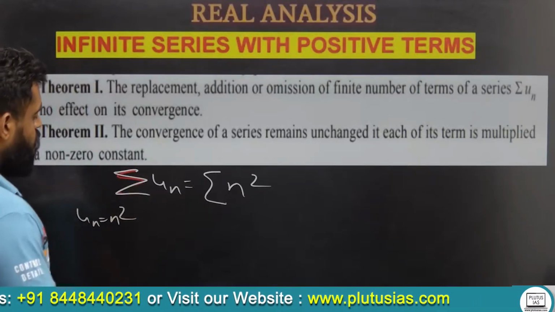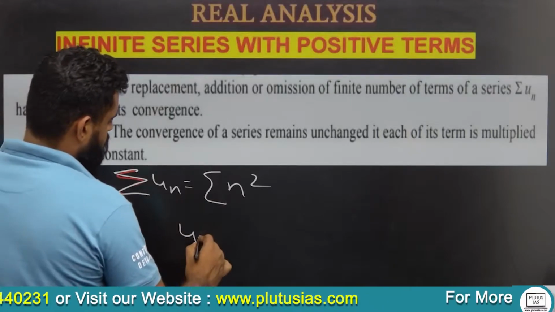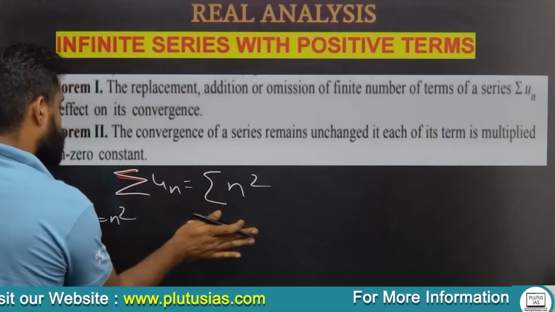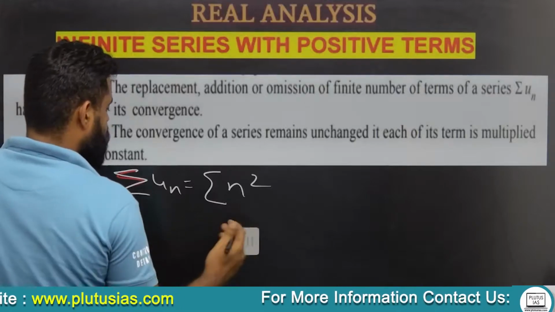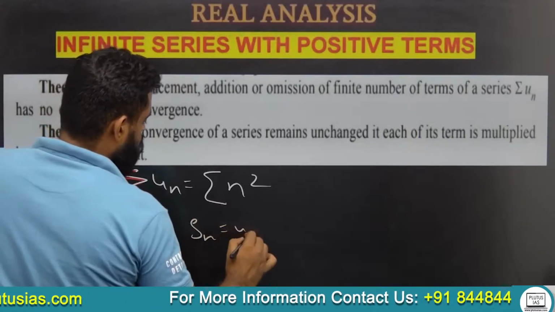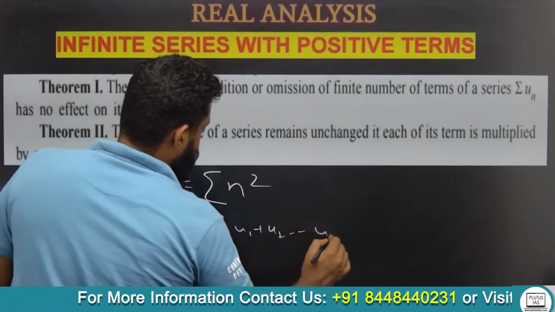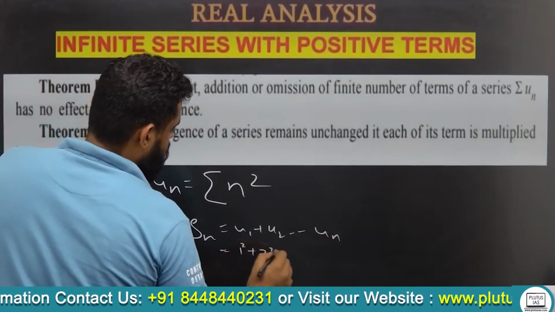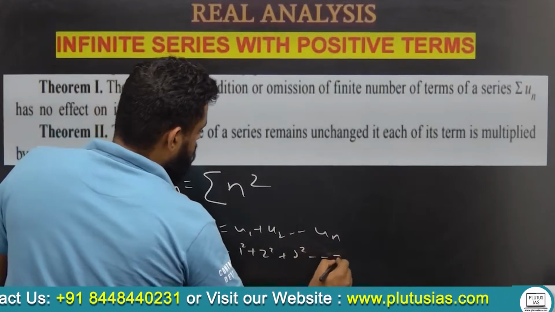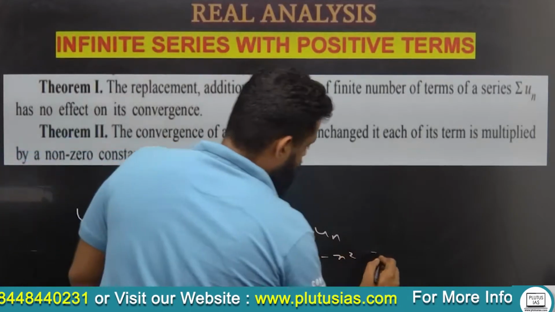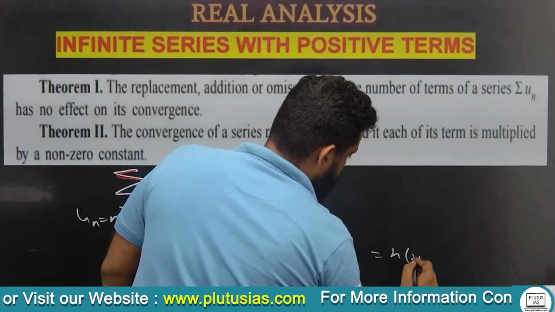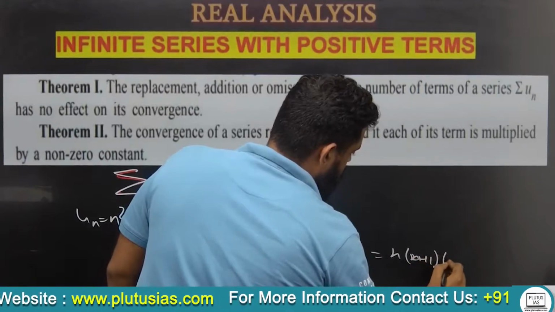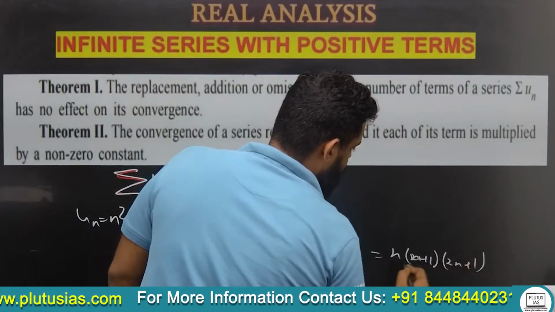Okay, so Sn would be u1 plus u2 dot dot dot un. This would be 1 plus 2 square plus 3 square dot dot dot n square. This is equal to n(n plus 1)(2n plus 1) upon 6.